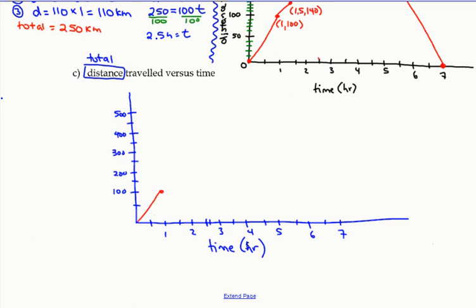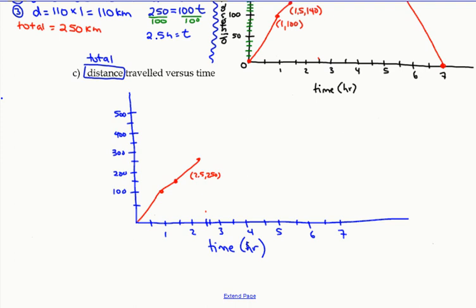Then in 30 minutes, she travels 40 kilometers in the construction time, so up to 140. Then she's traveling at 110 kilometers per hour to get to 250. So this point is our 2.5 and 250.